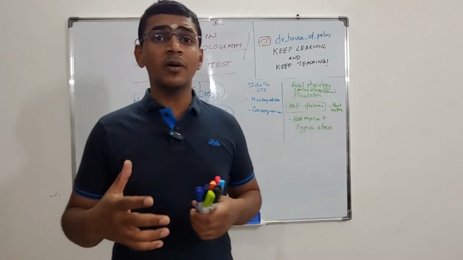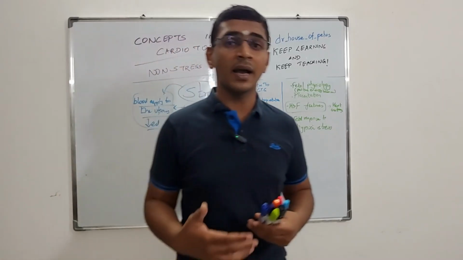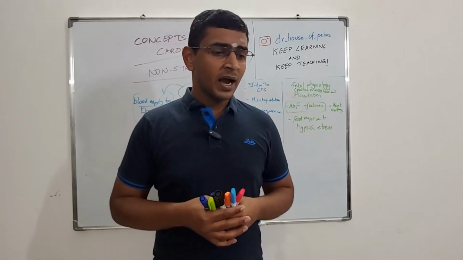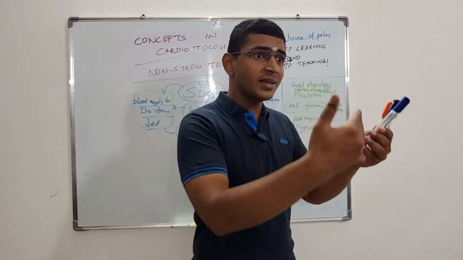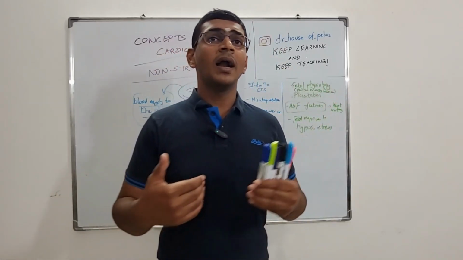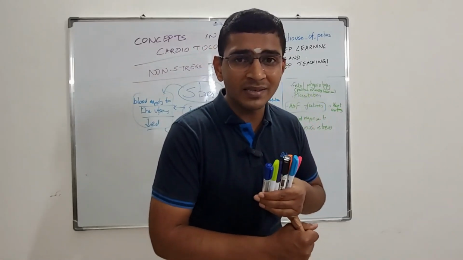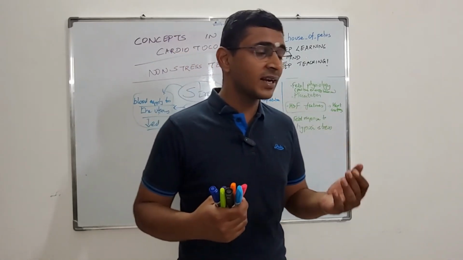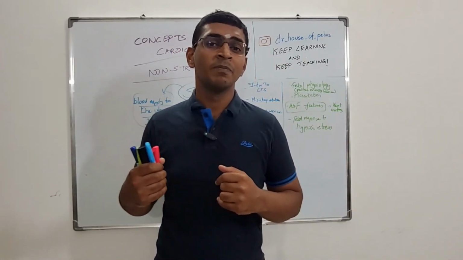So somewhere in the 1980s is when we started to realize, yes, we need to go one step higher and actually try to correlate this with fetal physiology and understand how things evolve, what is the reason for baseline heart rate, what is the reason for beat to beat variability, what is the reason for acceleration, what is the reason for decelerations.